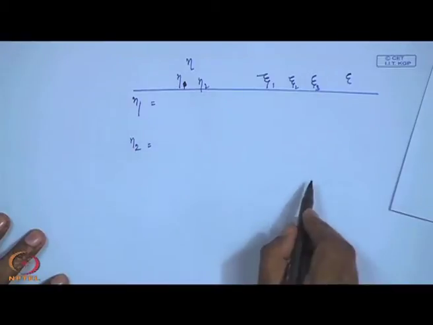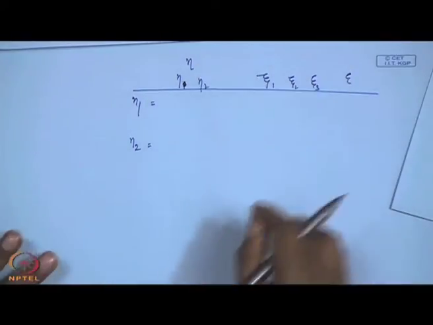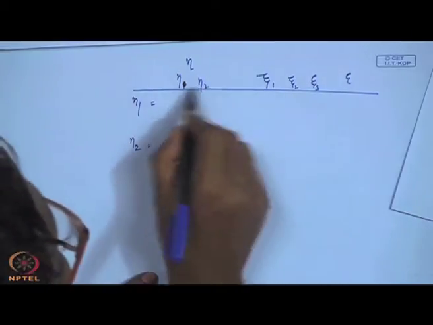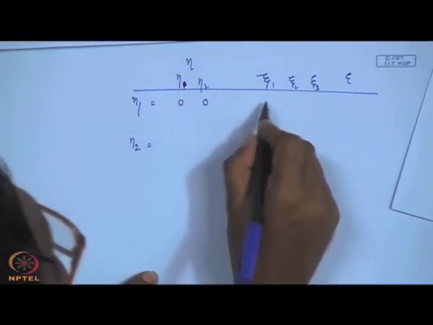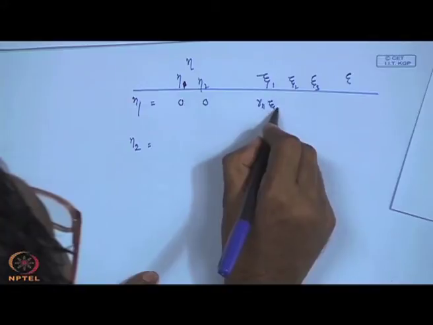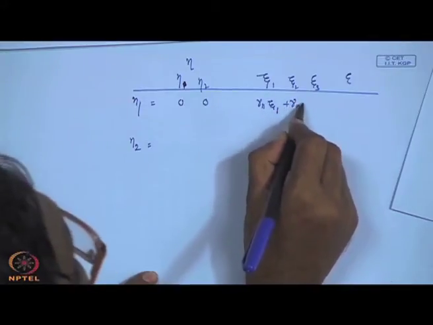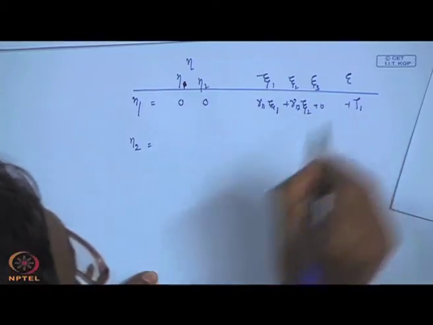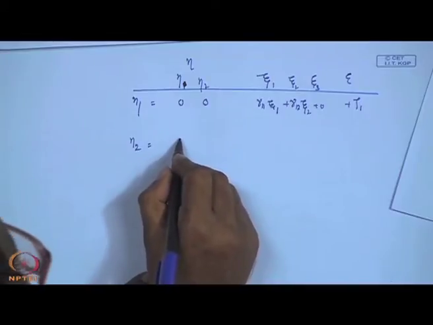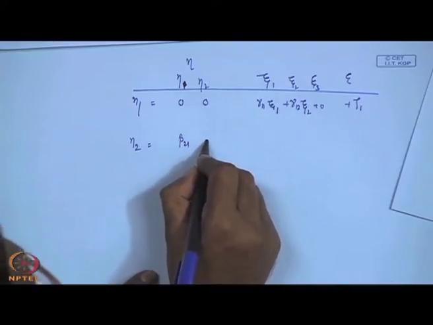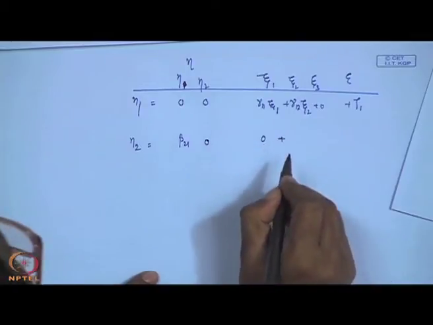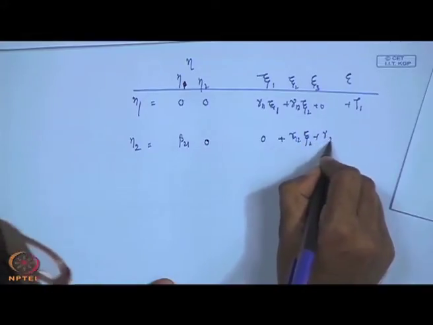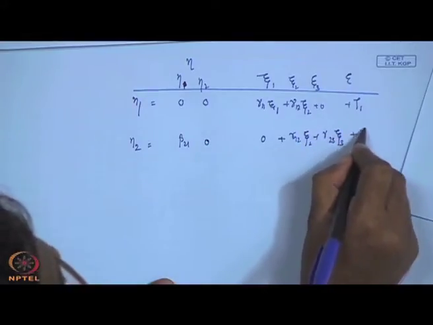So, you have to write the equations. If I write for this particular model the equations, eta 1 is not affected by any of the etas, so 0 0. So, gamma 1 1 xi 1 plus gamma 1 2 xi 2 plus 0 plus zeta 1, and this one is beta 2 1 and this is 0, then this one is also 0 plus gamma 2 2 xi 2 plus gamma 2 3 xi 3 plus zeta 2.